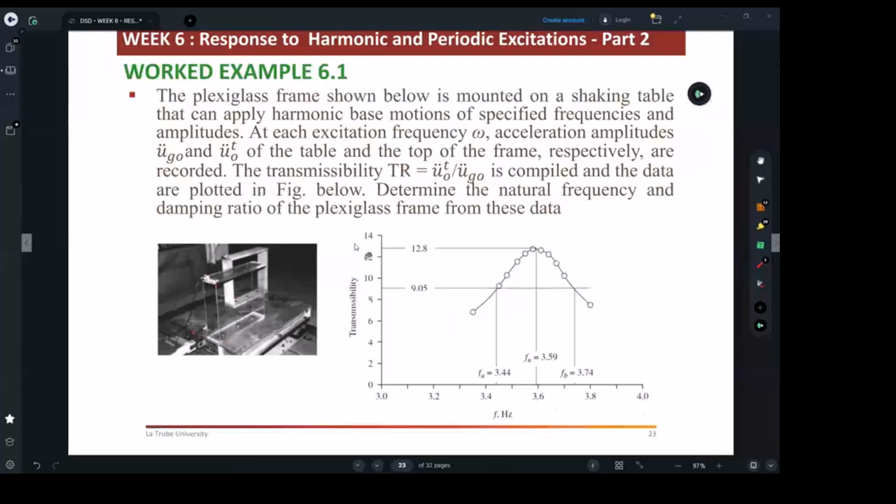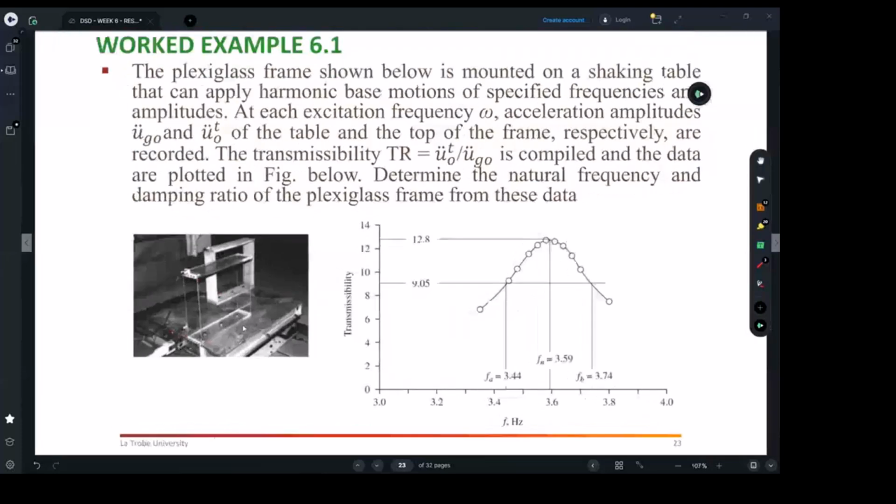The transmissibility, so what does that mean? It basically gives you a ratio. What we're plotting here is just another presentation, to complement the story, instead of plotting RD or RA, to come up with more related factors for the experiment we're doing.